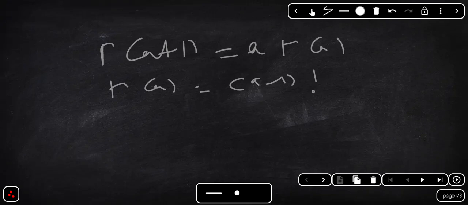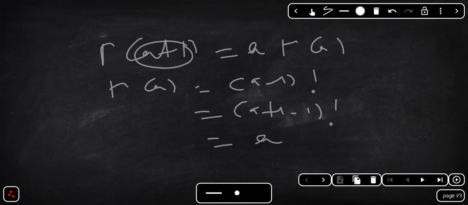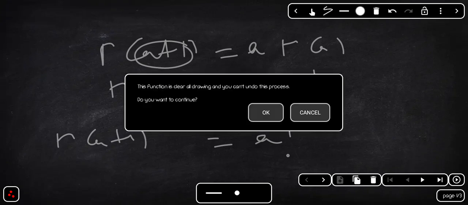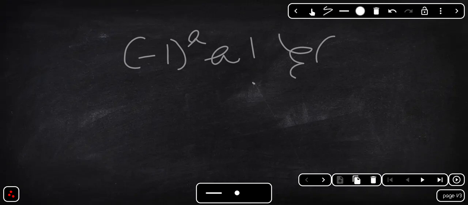Then if my a is now a plus 1, that will be a plus 1 minus 1 factorial, which will be equal to a factorial. So definitely gamma of a plus 1 will be a factorial. So if gamma of a plus 1 is a factorial, then our answer is minus 1 raised to the power of a multiplied by a factorial multiplied by zeta of a plus 1.